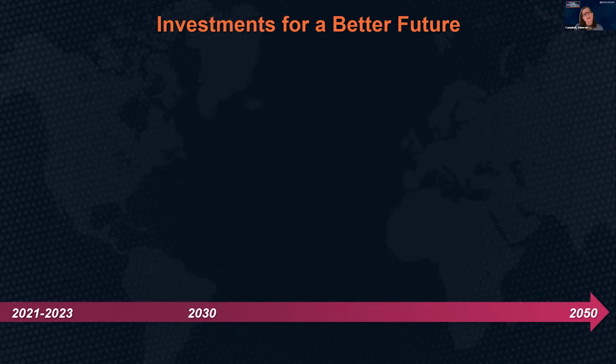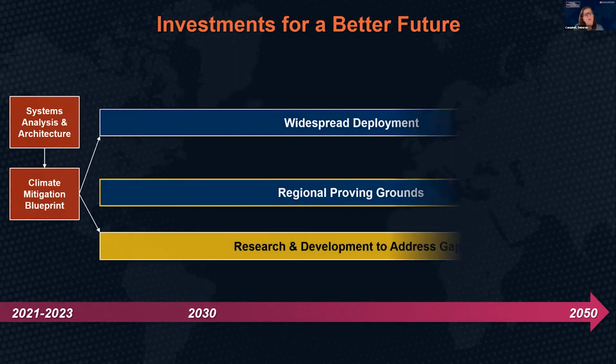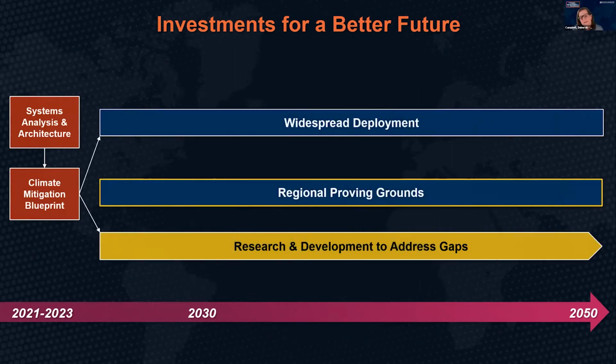We need to invest now and continue to invest in systems analysis and architecture and a plan for action, a climate mitigation blueprint that lets us know what we have readily available that we can more widely use now and have more widespread deployment across the regions and across the country, and areas where we need research and development to address capability and technology gaps.